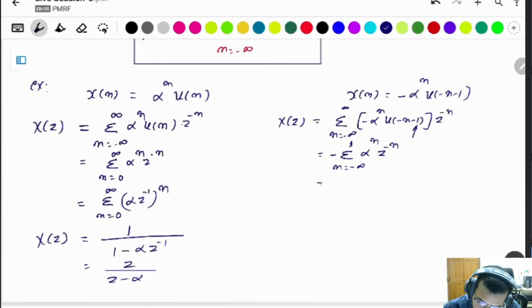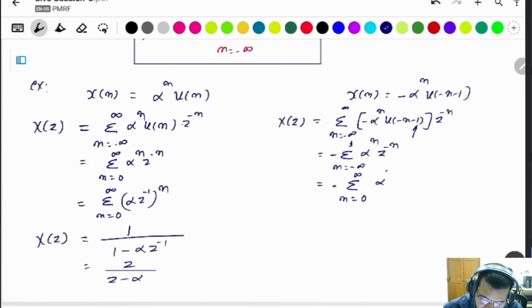This will be minus of the summation from n equal to minus infinity to minus 1. You can change this to 0 to infinity, but then one term is missing, so that term we can add here.